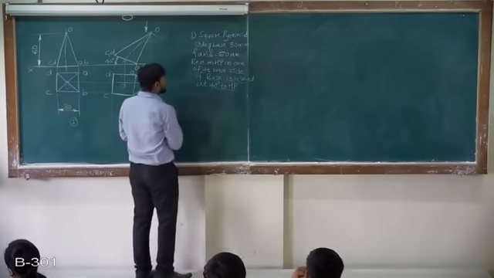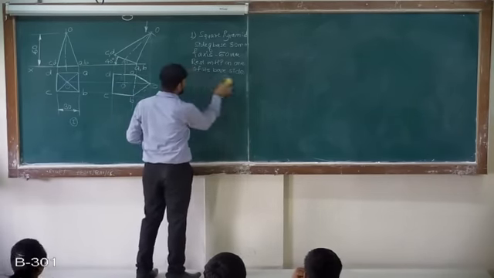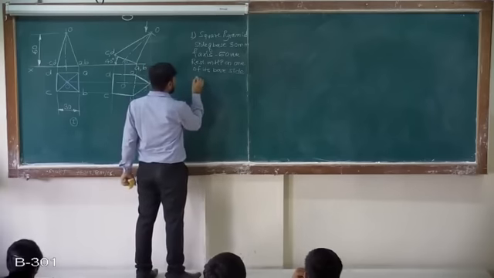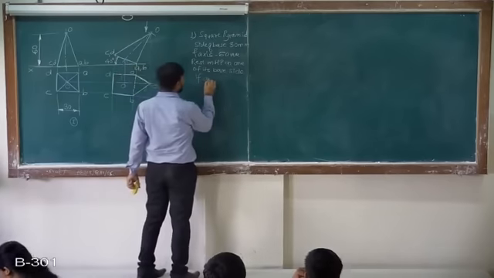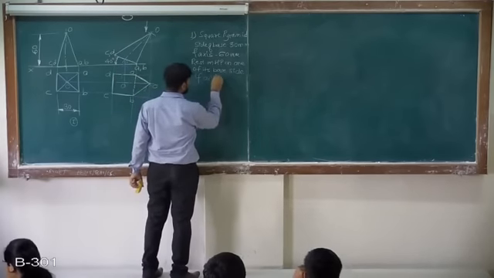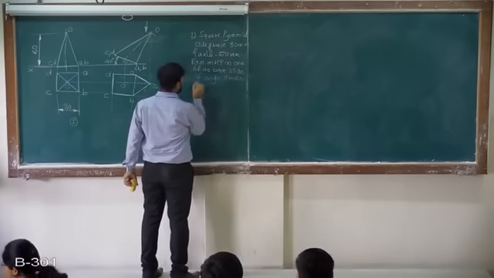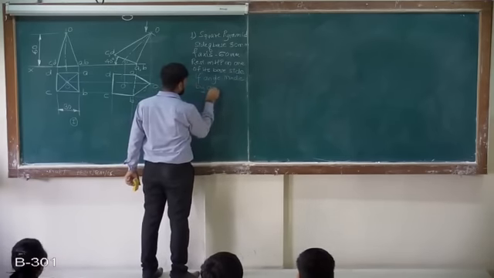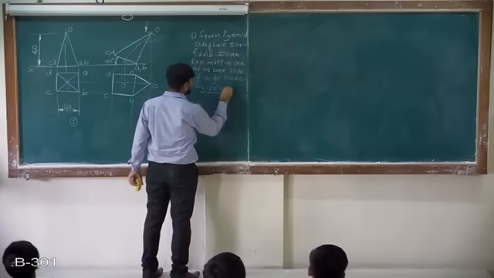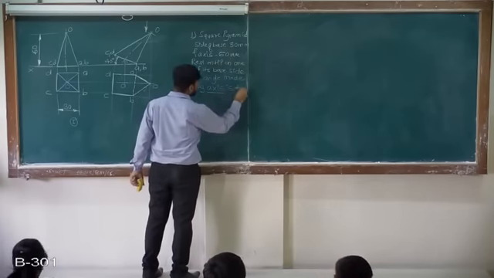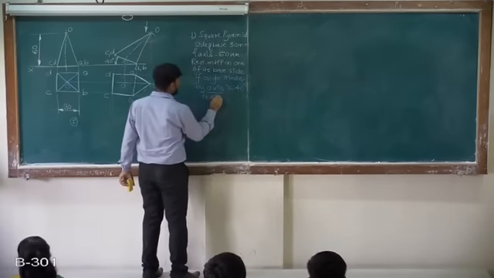Now I will change this problem as the second condition. Instead of the angle made by base, now if the angle made by axis is, let's take 40 degree, same, to HP.